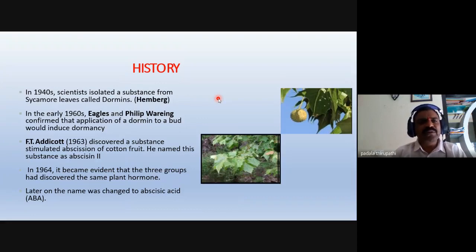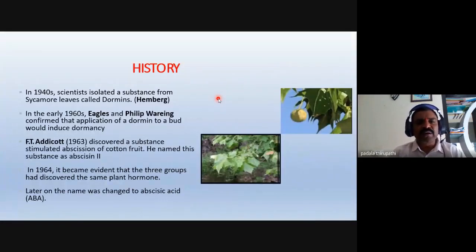Hamburg was the scientist in 1940. Hamburg et al. isolated the chemical substance from the sycamore leaves, named as dormins. And in the early 1960s, Eagles and Wareing et al., Philip Wareing et al., confirmed what Hamburg had isolated or separated from the sycamore leaves.